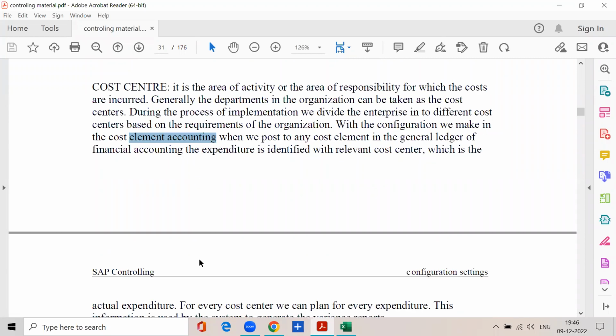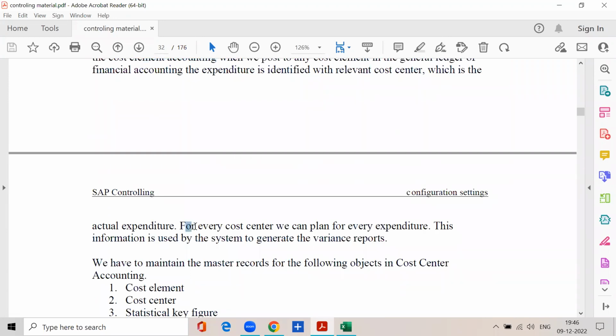Then for every cost center, we can plan for every expenditure. We can enter the planned values or target cost expenses for every cost center. This information is used by the system to generate the variance reports. So in cost center accounting also, we generate the variance report. Variance means the difference between actual expenditure and planned expenditure, right?